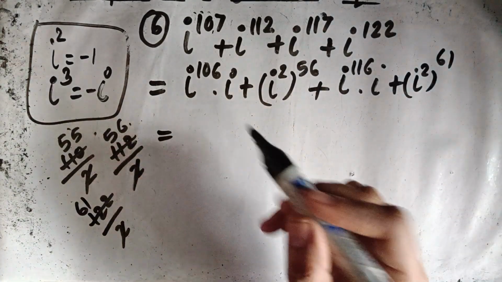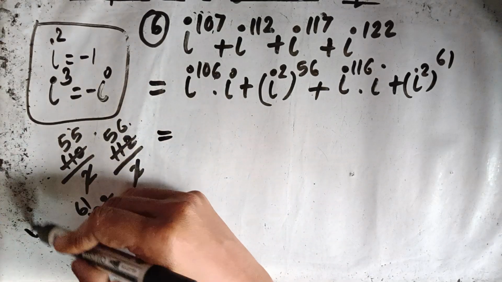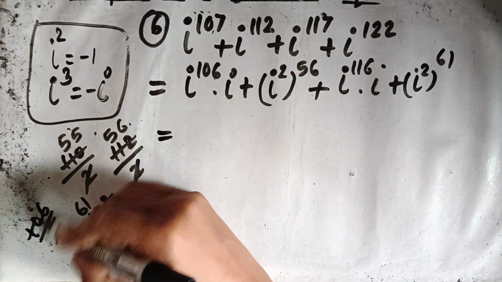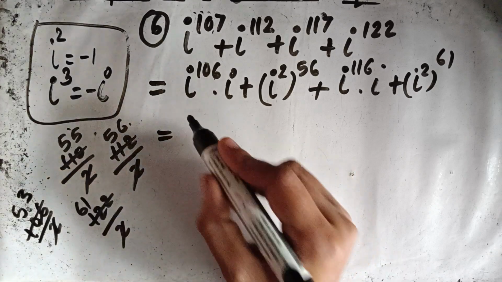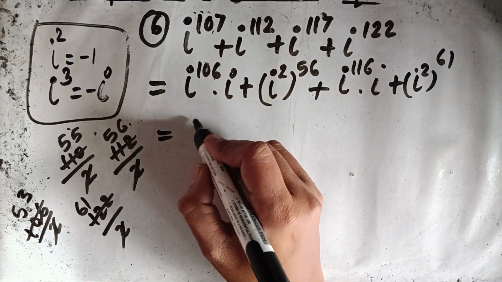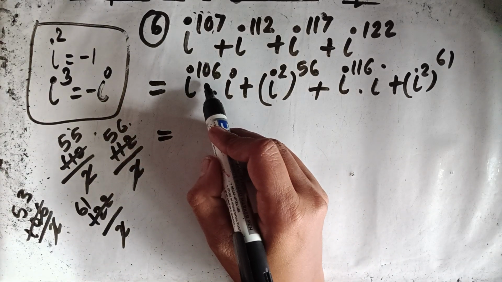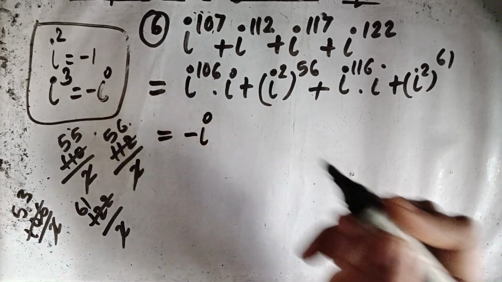So 106 divided by 2, 53. So minus 1 raised to 53, odd. So this is minus i.